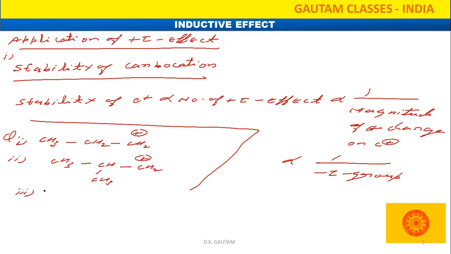Third one, CH3, CH2, CH2 plus, and here we write Cl. The question is: arrange them in decreasing order of their stability.